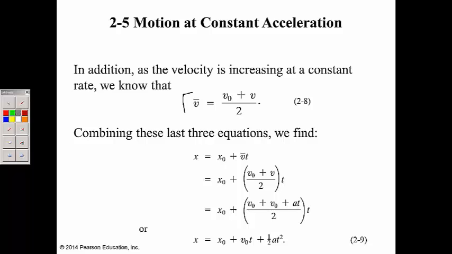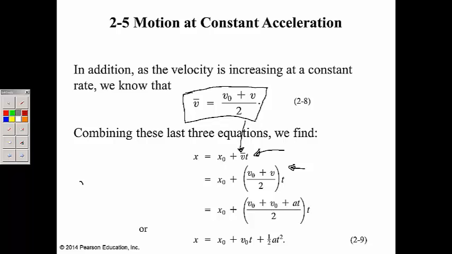So here we've written the average velocity like that, and I'm going to combine these equations right here. This is the equation that I wrote regarding the position as a function of the average velocity, and we plug that average velocity in right here, and we come up with this equation.